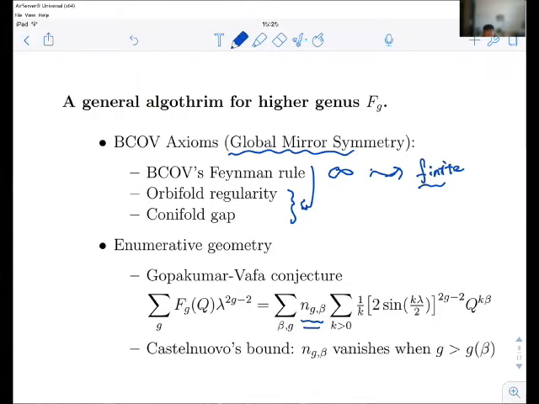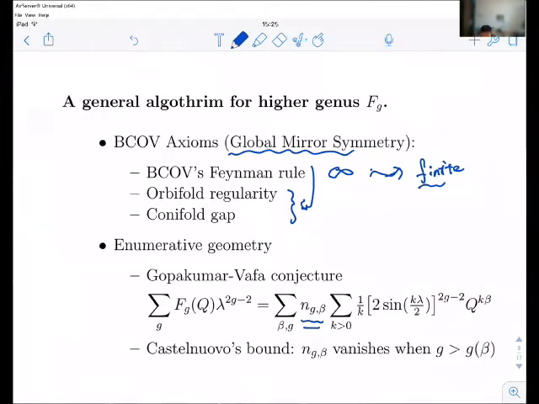But in general, we don't know what exactly they are. There are some results, but there are still many things we don't know. And if we assume they are simply those classical enumerative invariants, then we can apply the so-called Castelnuovo bound. This is the bound which means that when the genus is very large with respect to the degree, then the n_g,d will vanish.